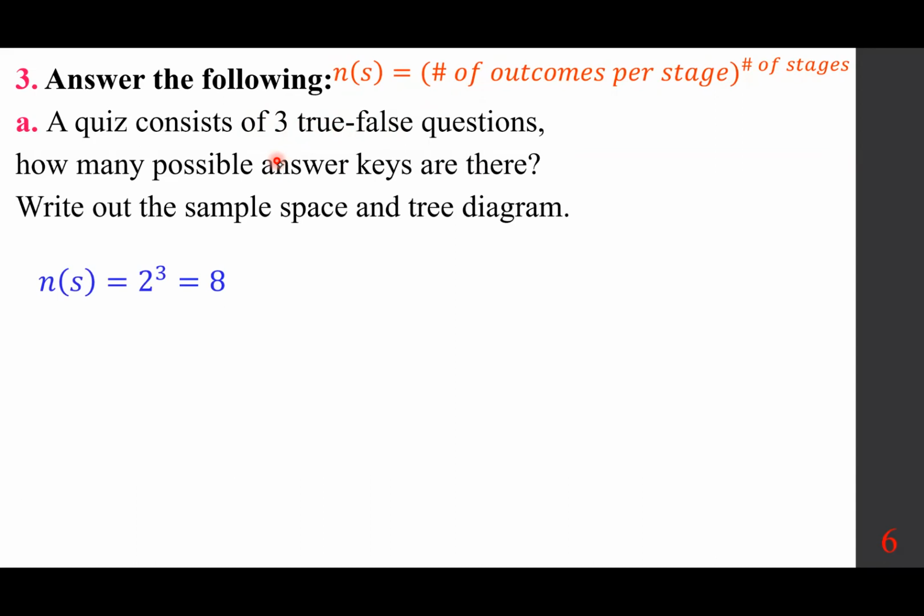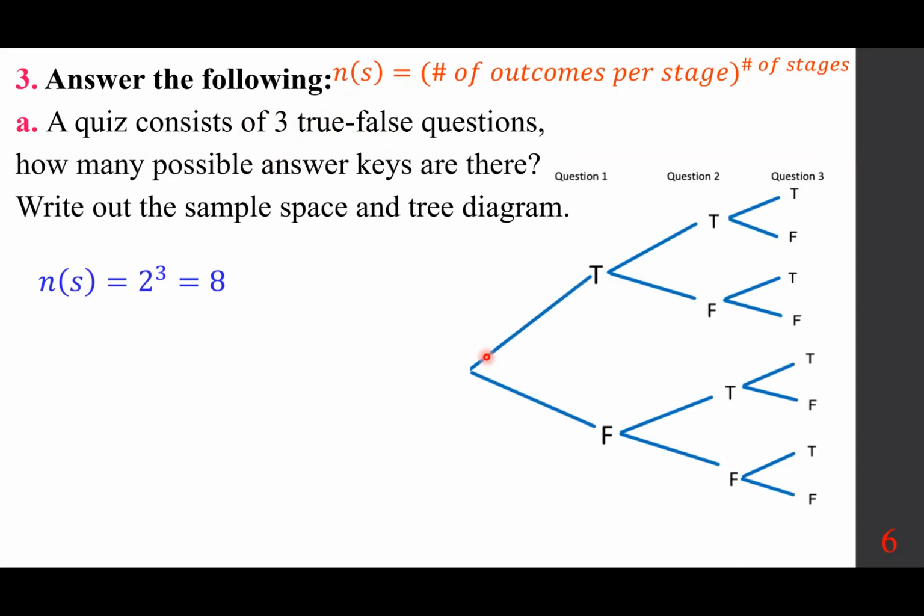A tree diagram is helpful. You start with 1, the first stage, true, false. This is the first question. And if the top branch is T or true and the bottom is F or false, you keep it intact because if you are consistent, it's easier to follow.